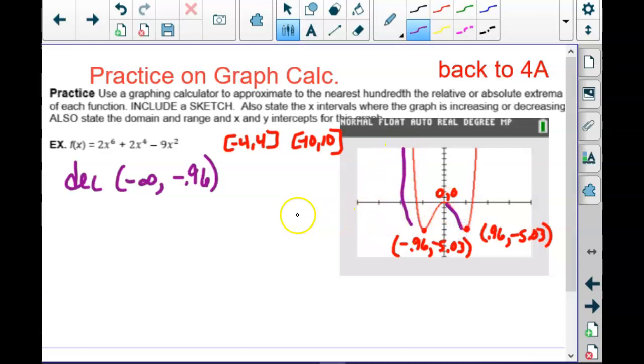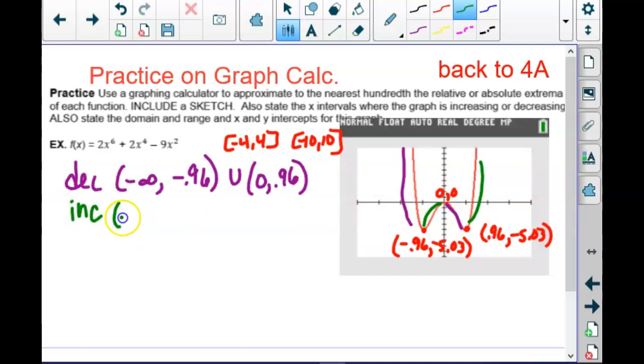Decreasing here, right? Everybody okay with that? As we go left to right, those were the two places it was going down. The two places it was going up were -0.96 to 0. Again, we're only using x values, and 0.96 to infinity.